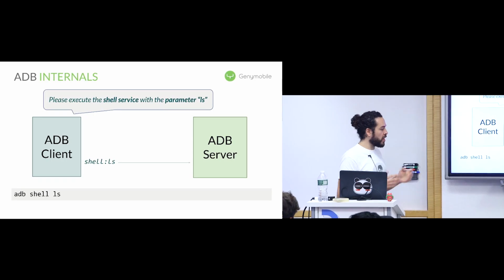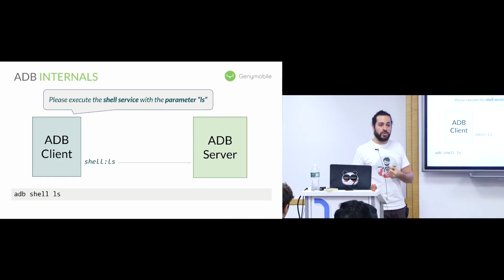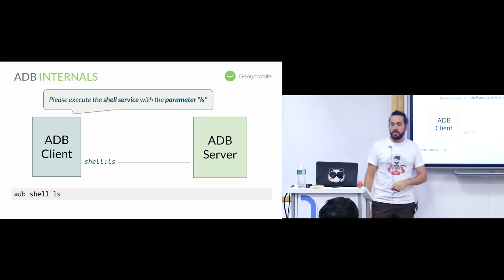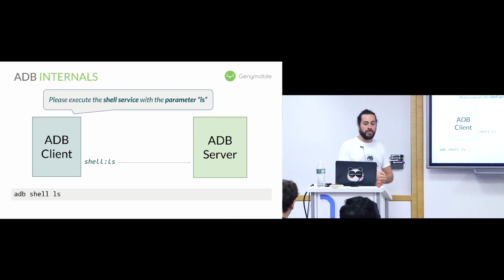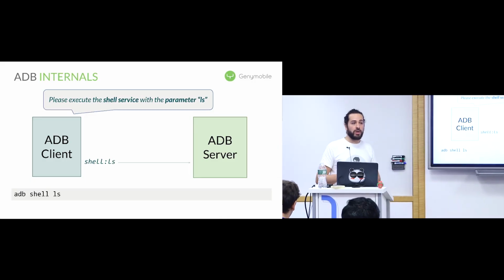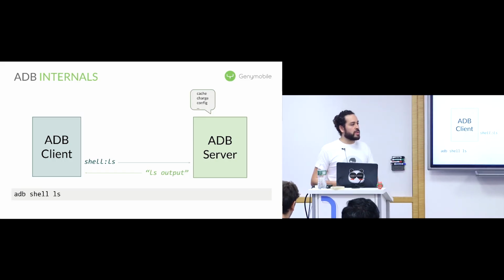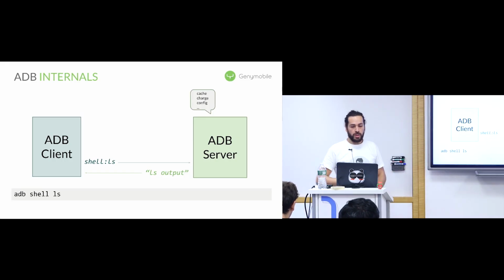And then, finally, we have our real command, the thing that you asked ADB, that will be sent to the server, shell:ls, that will ask the server to execute the shell service with the parameter ls. And then the ADB server will answer with the real output of the ls that has been executed on the daemon side.